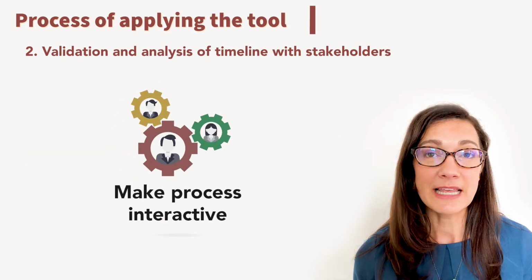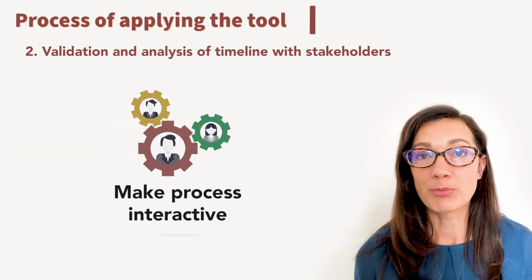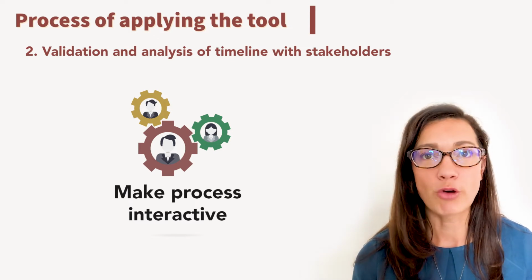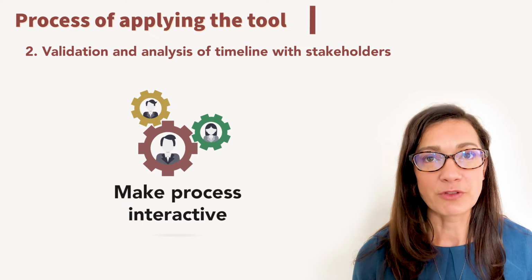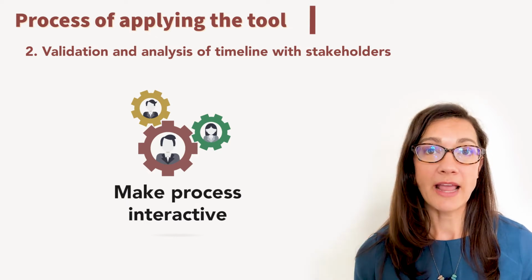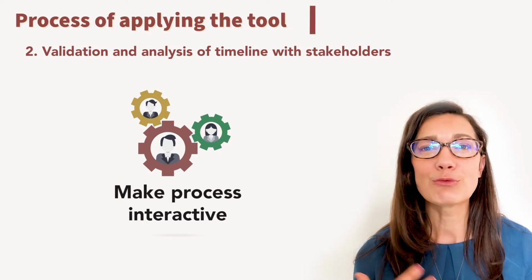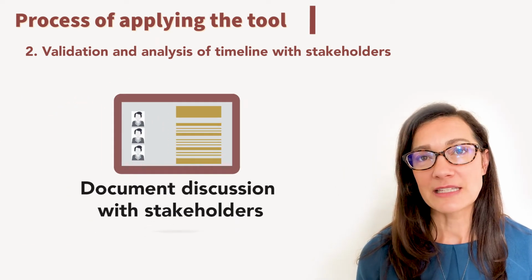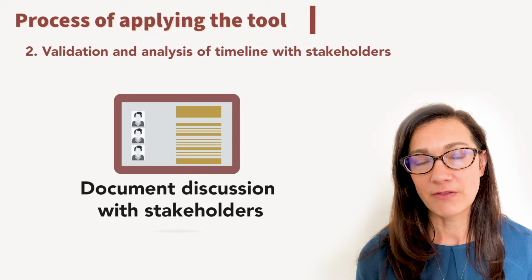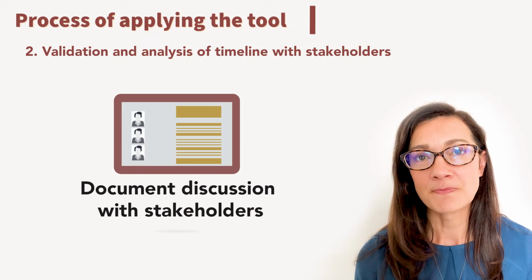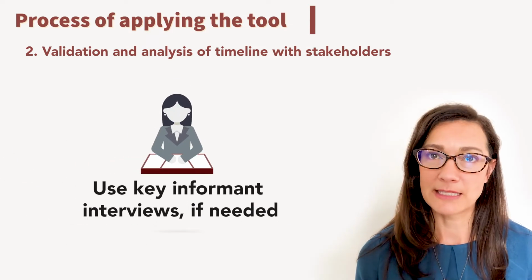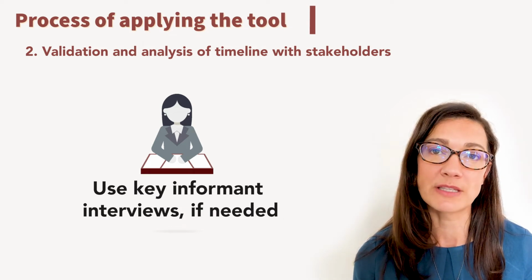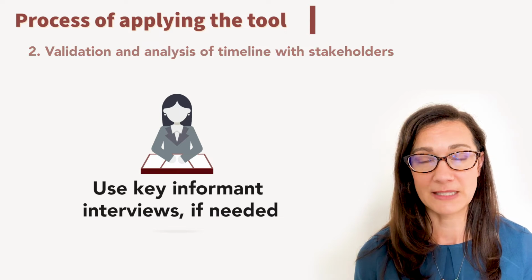To make the process interactive, you may want to use a scoring process where stakeholders in the room rank their top 3 events, programs, and policies of influence, and then they present why they selected them to the group. And this can really enable a rich discussion for analysis. The discussion with the stakeholders really should be documented for the next step in the process. But if a stakeholder meeting is not possible, key informant interviews with stakeholders is also another way to get inputs on the timeline and their perspectives.